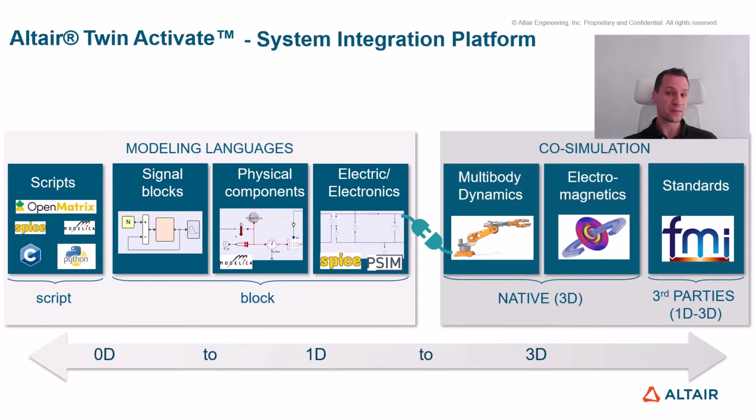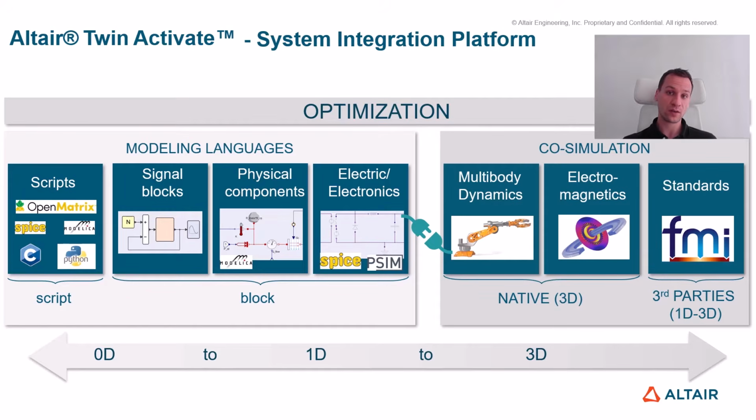This means that we have a very flexible platform in terms of what kind of fidelity you want to choose, ranging from 0D all the way to 3D. And on top of that, we have built-in optimization capabilities.